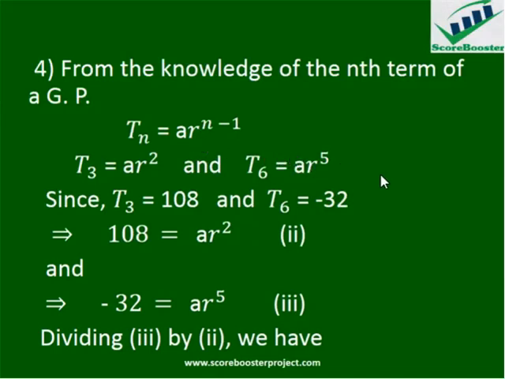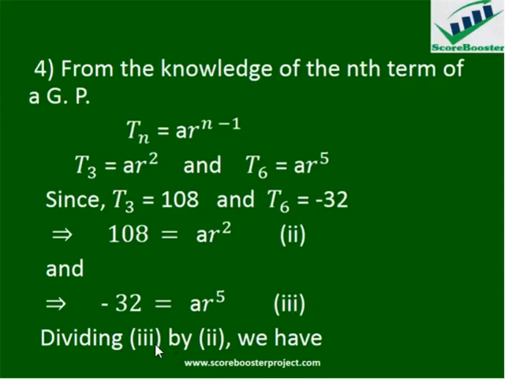And from the question, we are given that the value for T3 is 108 and the value for T6 is minus 32. So substitute that into this. The value for T3, 108, equals ar squared, and that is tagged as the second equation. And also the value for T6, minus 32, equals ar raised to power 5, and that is tagged as the third equation.